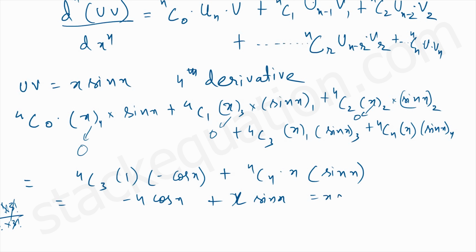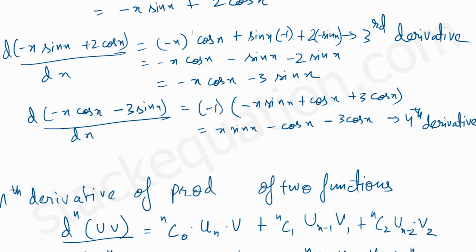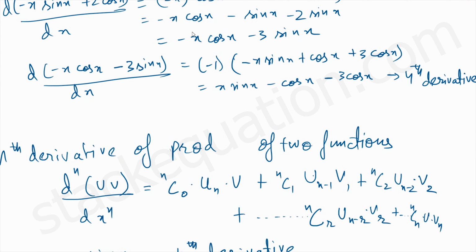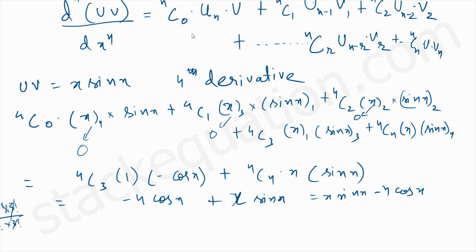So x sin x minus 4 cos x. So what did we get here in the fourth derivative? Here also I didn't add these two. So x sin x minus 4 cos x.